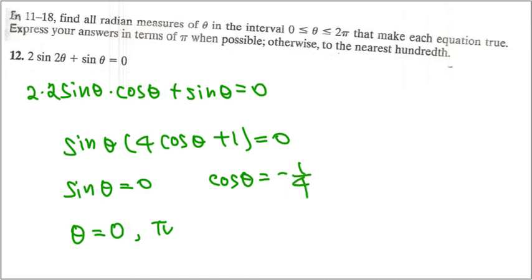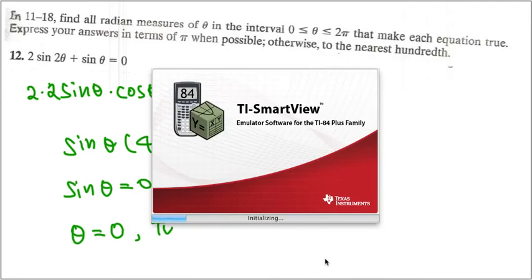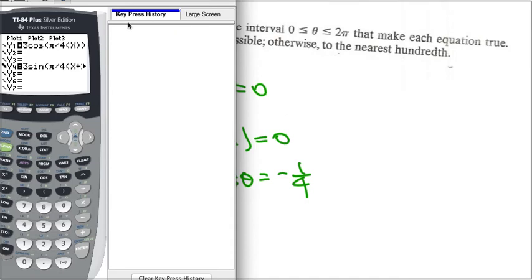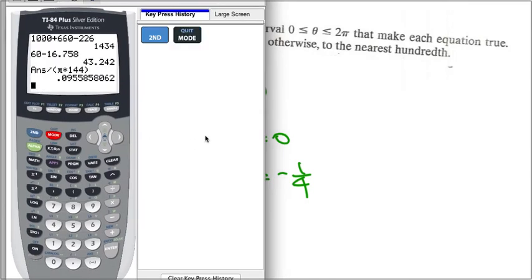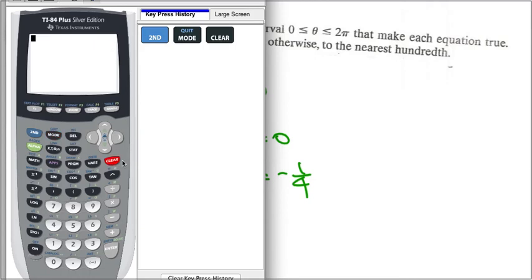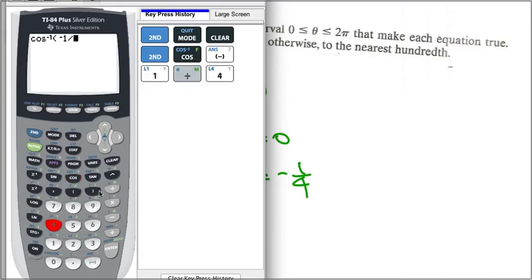Now to calculate this one, I'm going to take out the calculator. Since cosine is negative, we will realize that our value will be in the second or third quadrant. So we're going to have second cosine of negative 1/4.